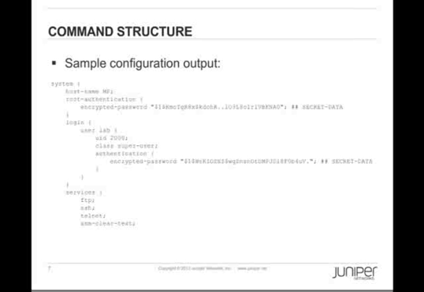At the top level we're seeing the system stanza, and then other hierarchies underneath it, such as the host name, and then root authentication, which has additional stuff, login, services, etc. If you look at this, you'll notice everything has the open and closed bracket. From looking at it, you pretty much know where things start and where everything ends, what's related from that parent-child standpoint.